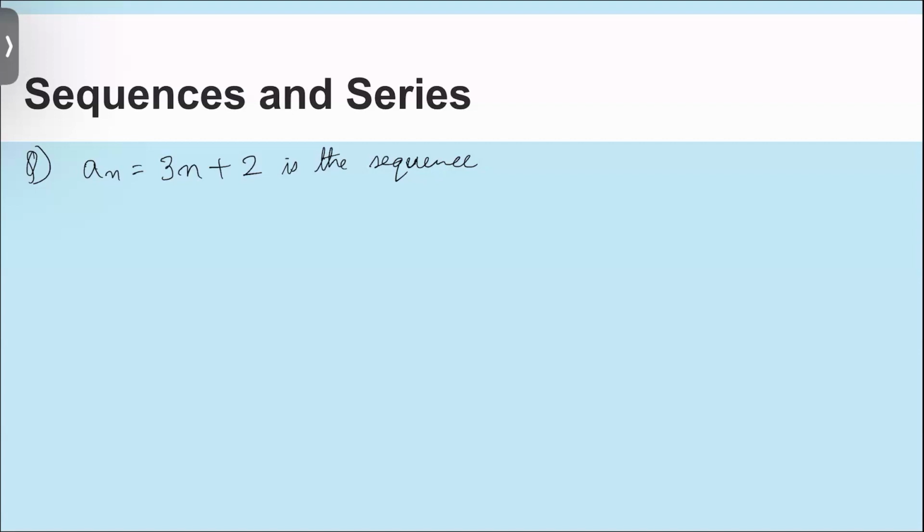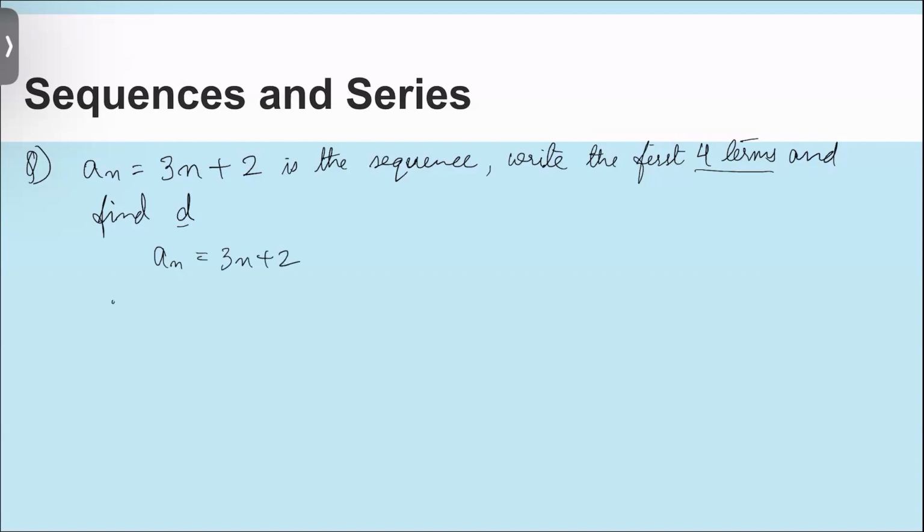The question is: write the first 4 terms and find d, the common difference. When a_n is equal to 3n plus 2.